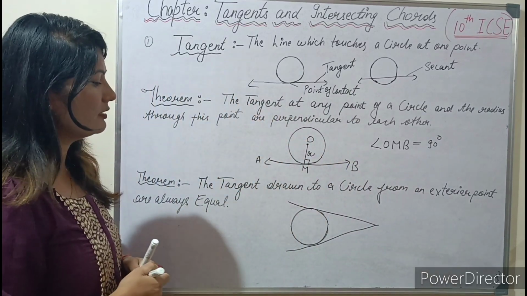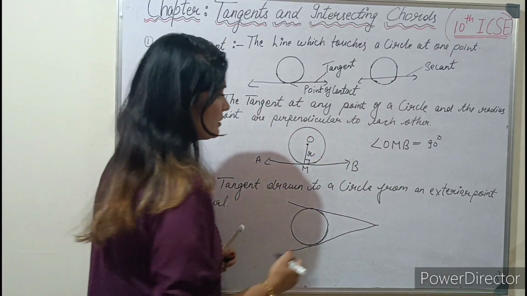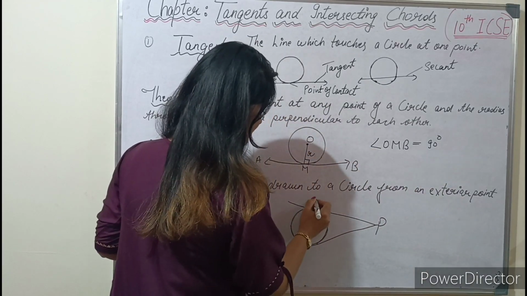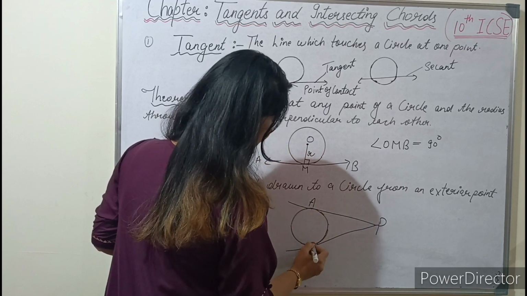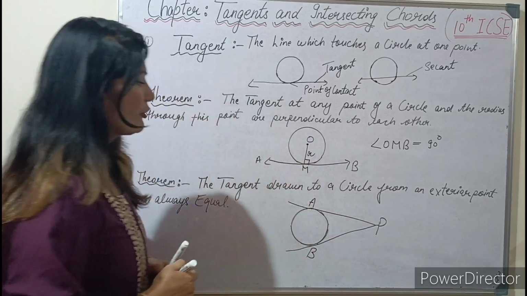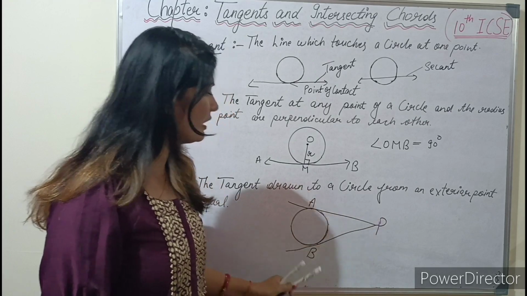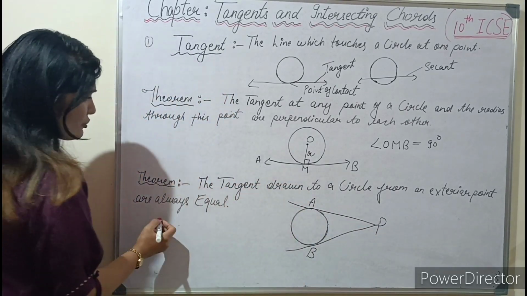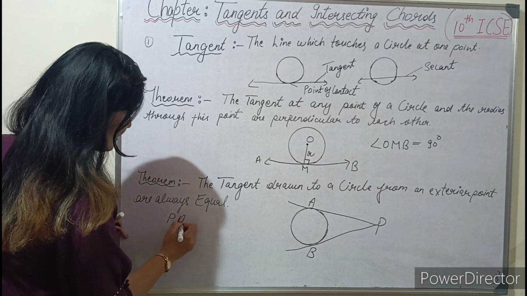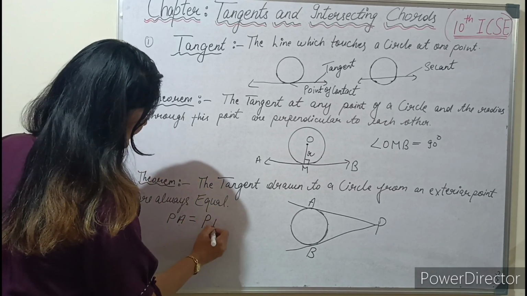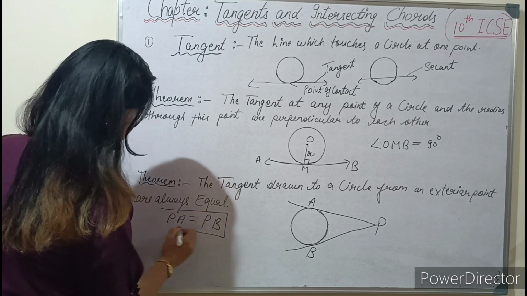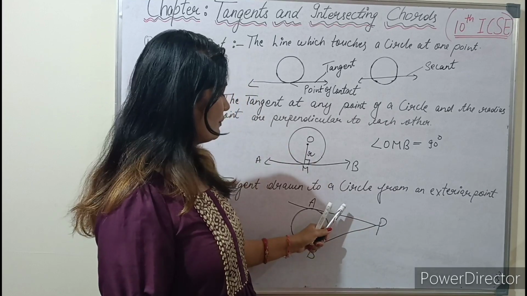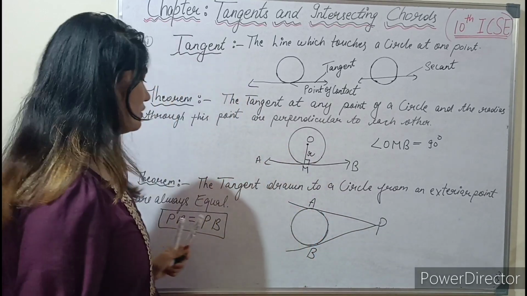You can see that these two tangents are passing from an exterior point, that is P. This point is A and this point is B. So PA and PB are the two tangents passing from an exterior point. So here we can say that tangent PA is equal to tangent PB. Whenever the tangents are passing from an exterior point, the two tangents will always be equal.